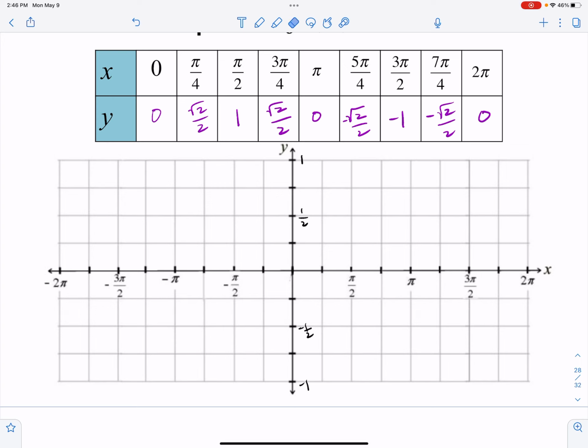Halfway between 0 and pi over 2 would be pi over 4. So this would be 5 pi over 4, 7 pi over 4, or sorry, I skipped 3 pi over 4, 5 pi over 4, 7 pi over 4.